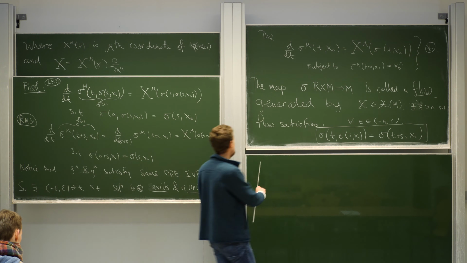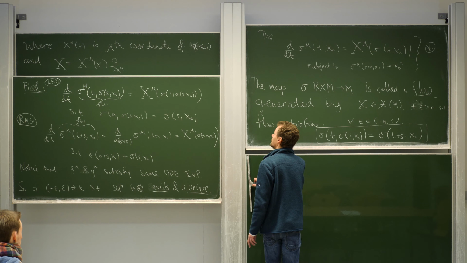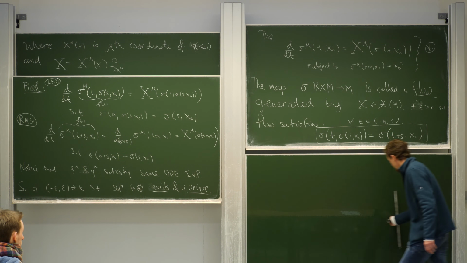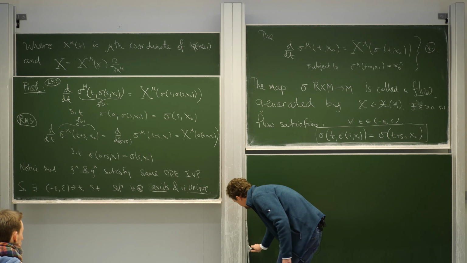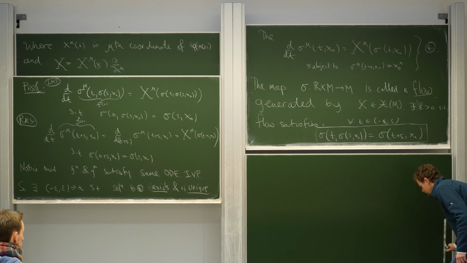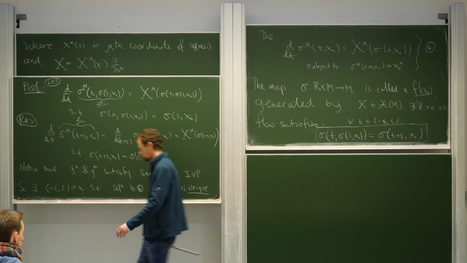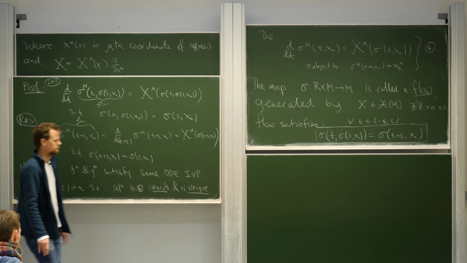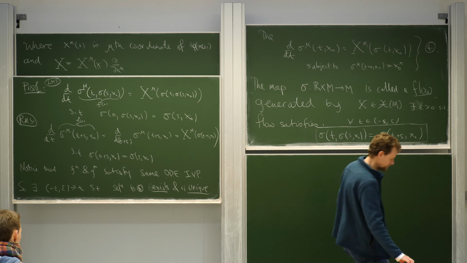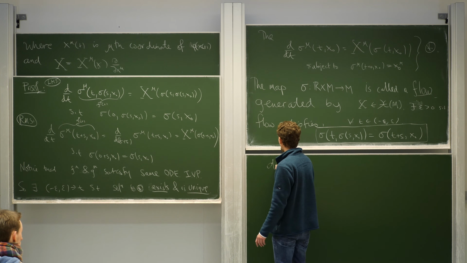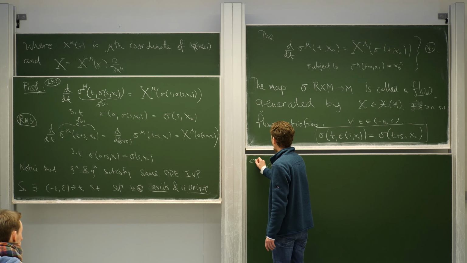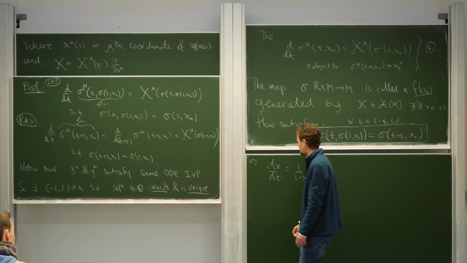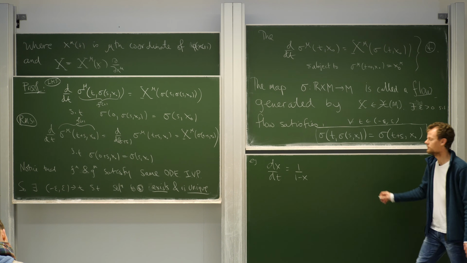I think it's dx dt equals 1 over 1 minus x. I think that has a finite time blow-up.